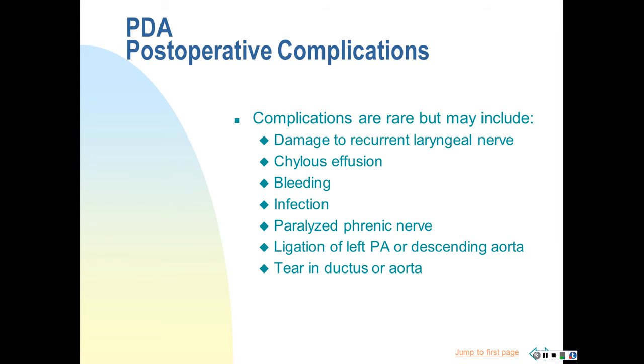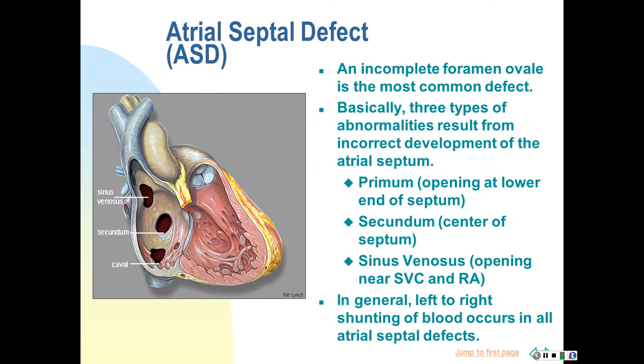You have your laryngeal nerve, your phrenic nerve, and chyle, so you have lymph ducts in that area. All of these things can create a problem. As I said, these are very minimally invasive surgeries, so we very rarely see these complications, but on a rare occasion we may.